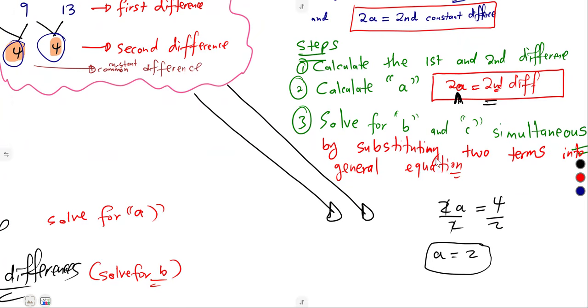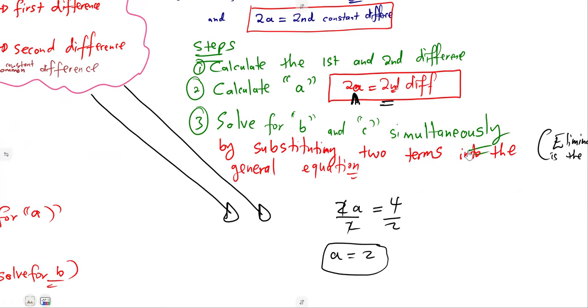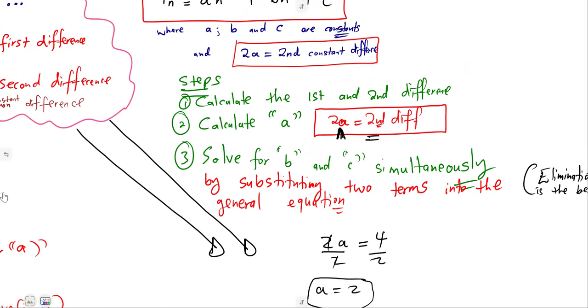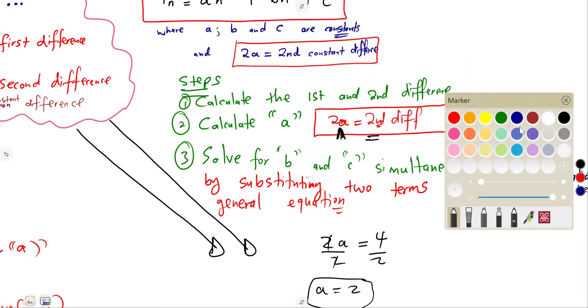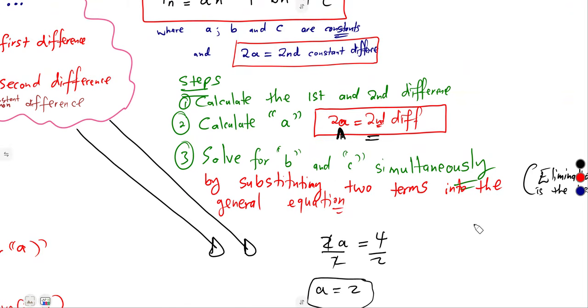We must solve for B and C simultaneously by substituting two terms into the general equation. So how are we going to do it using this method? Do not worry. Remember that this is a quadratic sequence that we are dealing with, where Tn is given in the form of an squared plus bn plus c.